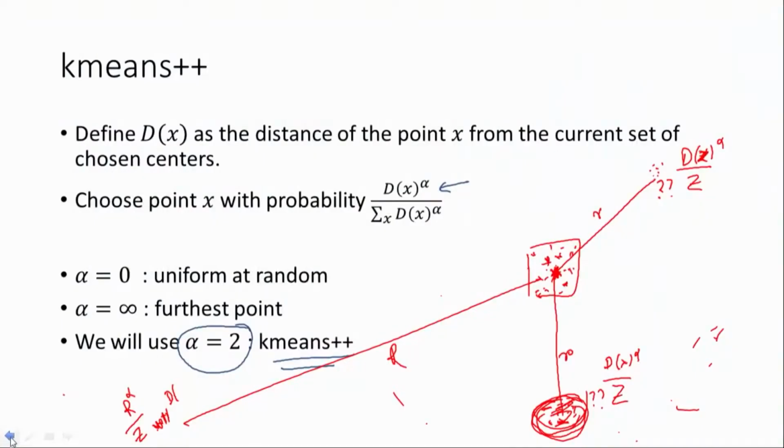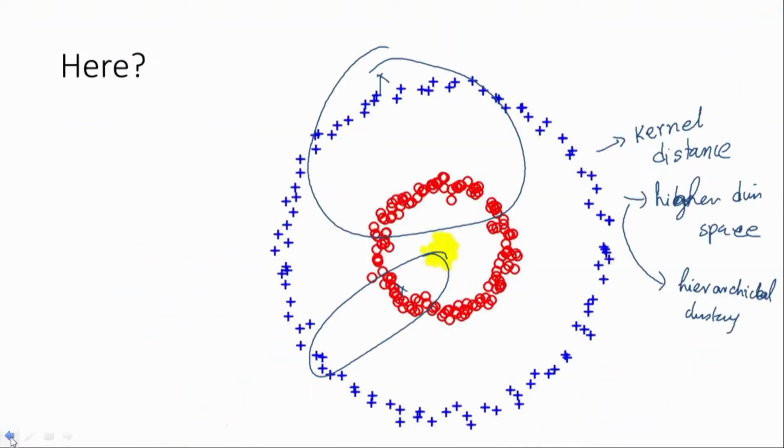Because previously, remember what happened in previous Lloyd. We saw examples where we could get to solutions that could be much worse with respect to optimal. Remember this particular example that we saw?